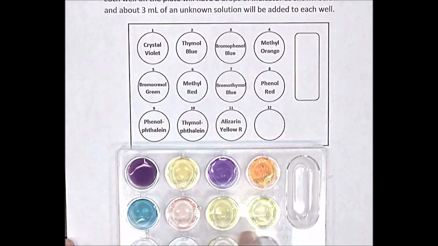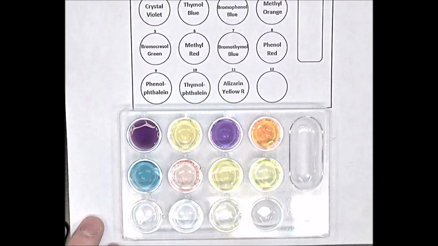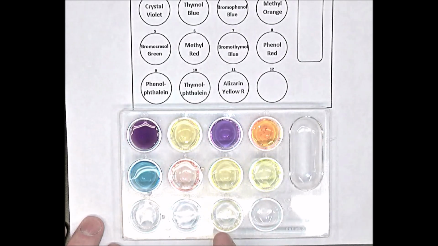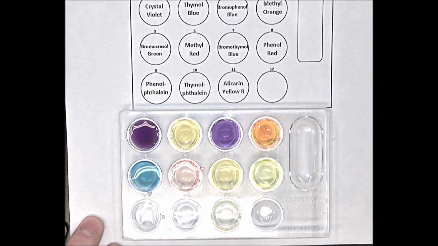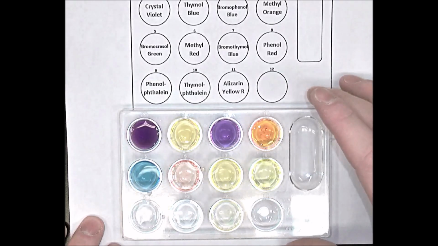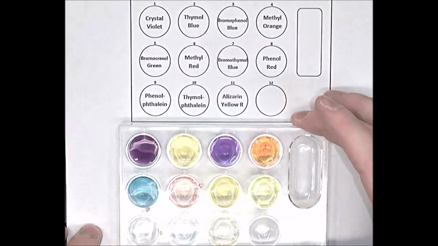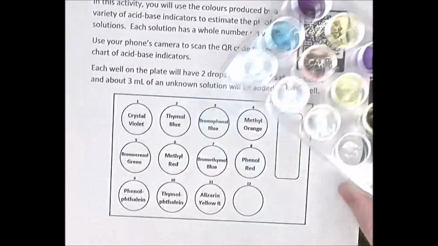Bromothymol blue, phenol red, and then the bottom row of the dish, phenolphthalein, thymolphthalein, and alizarin yellow. Okay, the alizarin yellow here looks to be a faint yellow color. You may not be able to see that in the video. All right, so pause the video, try to figure out the pH of that unknown solution.